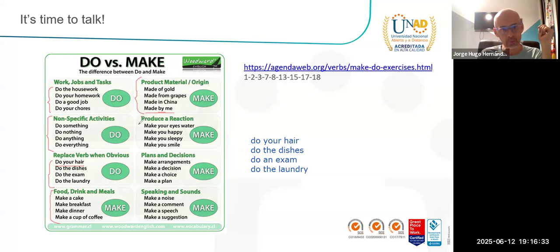So make is also used in order to produce a reaction. Make your eyes water. It's like make a person cry, no? Make your eyes water. Make you happy.